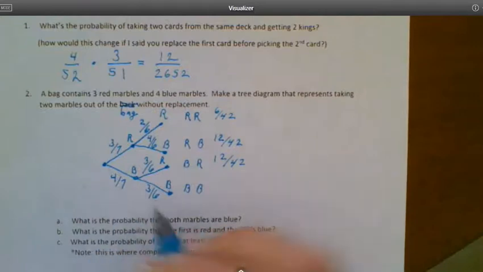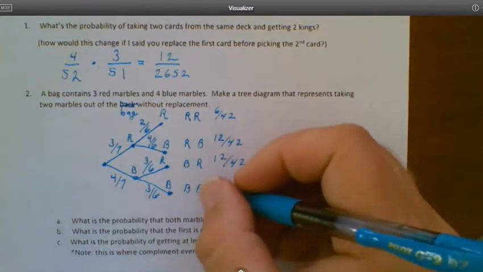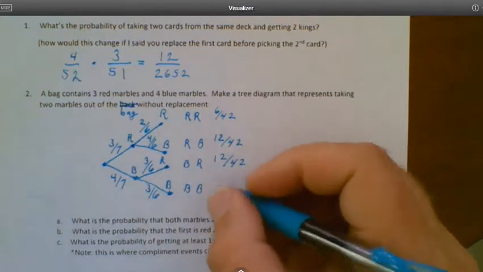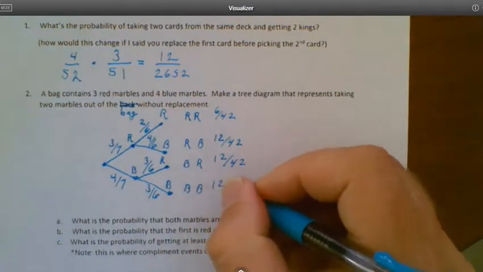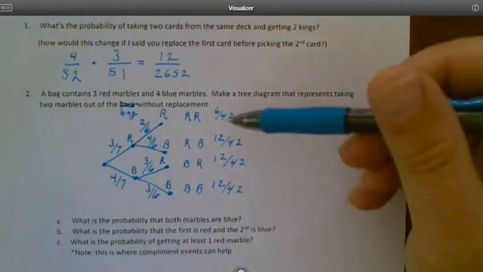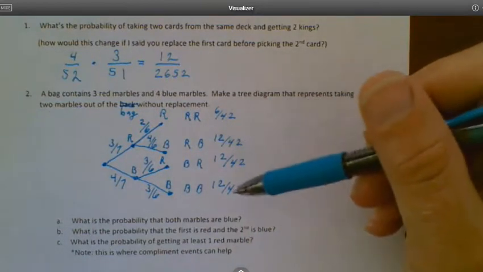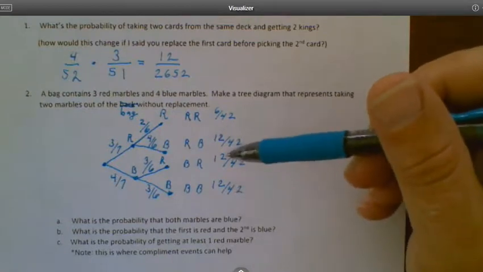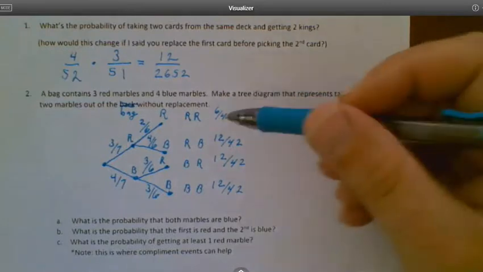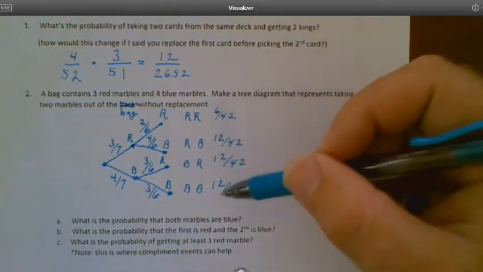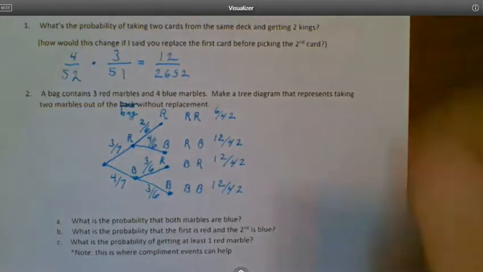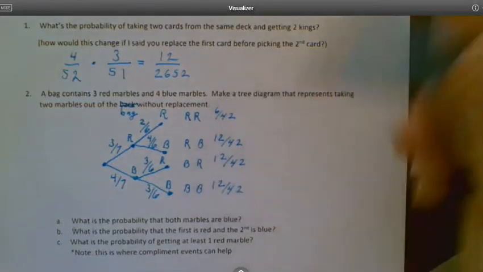And across the bottom, 2 blue ones is also 12 out of 42. So if we did this right, these should all add up to 1 again. If I add all these together, it should add up to 42 out of 42, right? Which they do. 6 plus 12 plus 12 plus 12 is 42 out of 42. So that takes care of our sample space and all the possible outcomes that we could get.